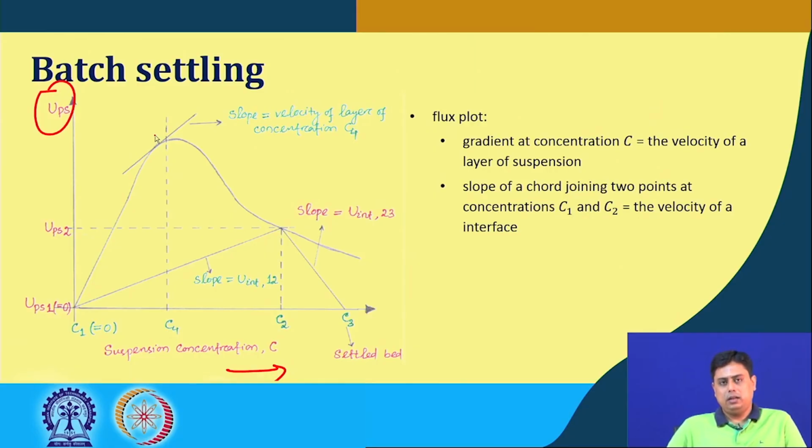And interestingly, the chord that joins two concentrations, the slope of that line, will give you the velocity of the interface. Here, for example, if C1 is 0, that means it is the clear liquid, there is no suspension, the concentration of solids is 0, the pure fluid.